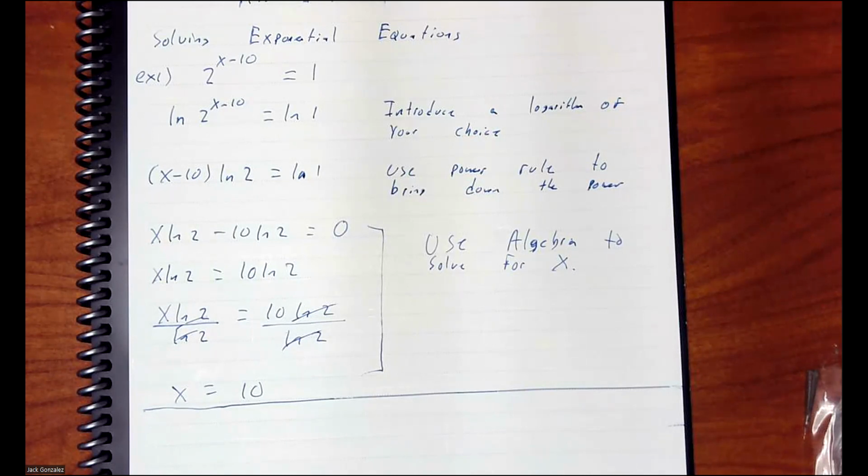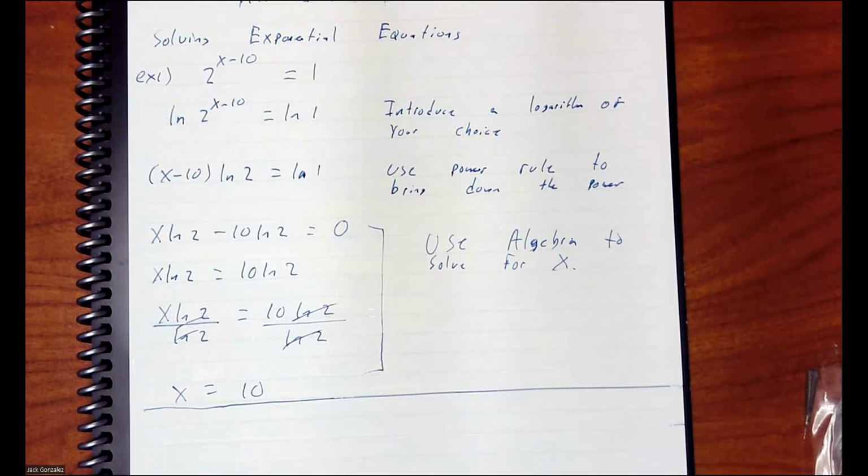Nothing will cancel. So the end result would be this. If it wasn't 0, you'd have plus ln2. You can't cancel those. Not true. You only cancel things that are factored. If I had ln2 on both, this guy and that guy, then you would cancel.